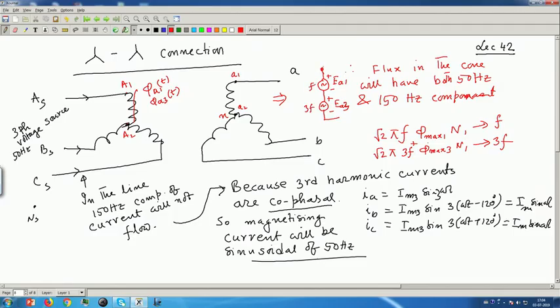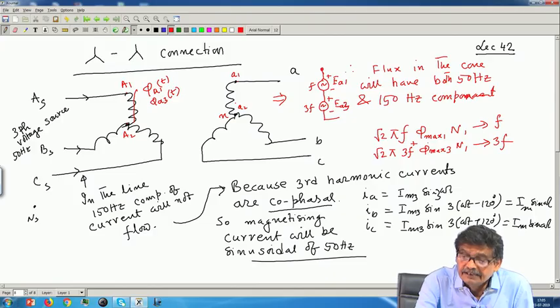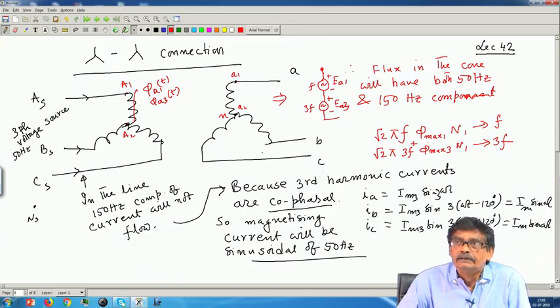Two sources of EMF will be existing between A1 and A2. And similarly for B phase and C phase. Therefore, across the phases both in primary and secondary coils, the induced voltage will have a 50 hertz component as well as 150 hertz component. Okay, and that is what I am telling is not desirable.